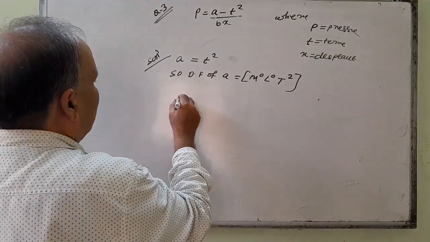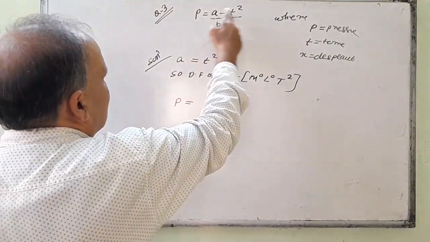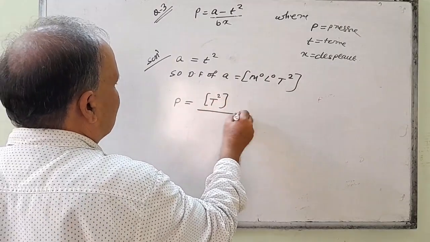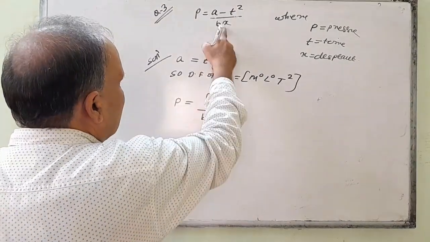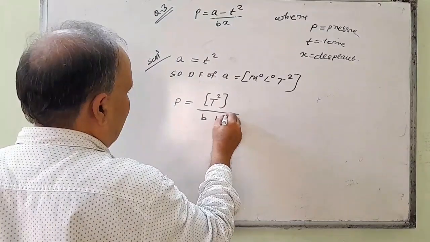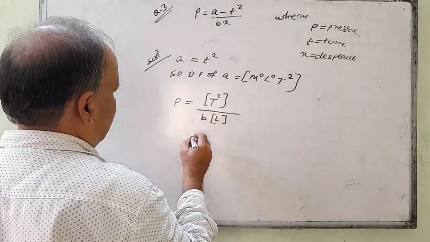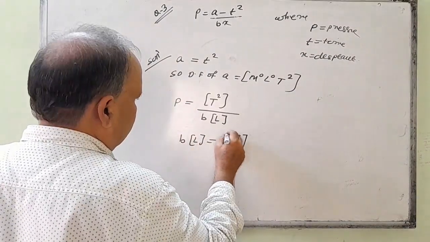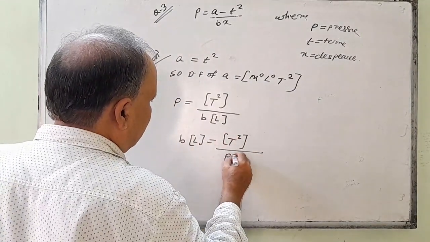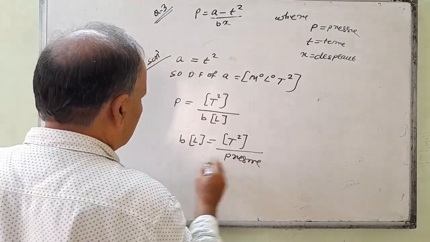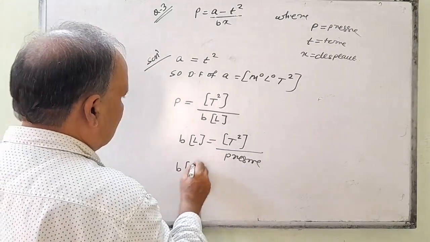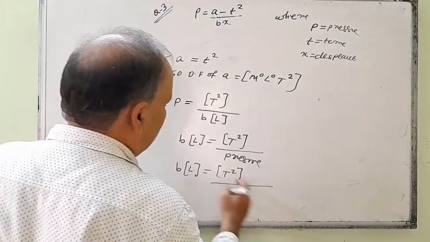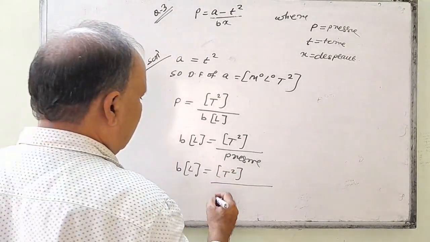Again, P is equal to what? This is your T square. Its dimensional formula is T square by B into your what? This is your L, means displacement, this is your length. So B into L is T square by P. P means pressure. Or BL is equal to T square by P. What is the dimensional formula of pressure?